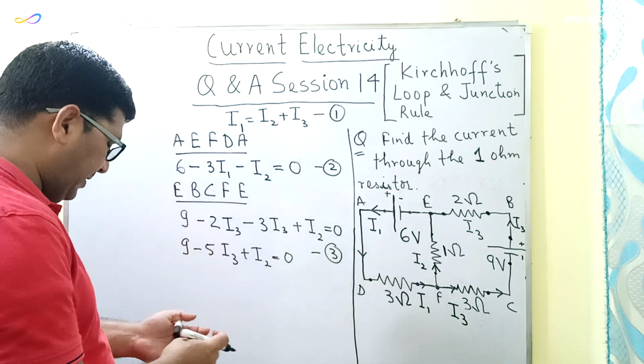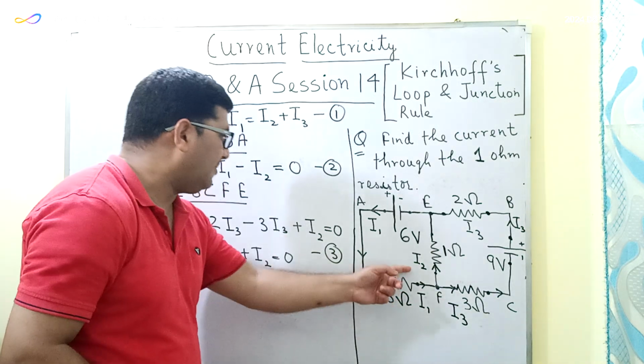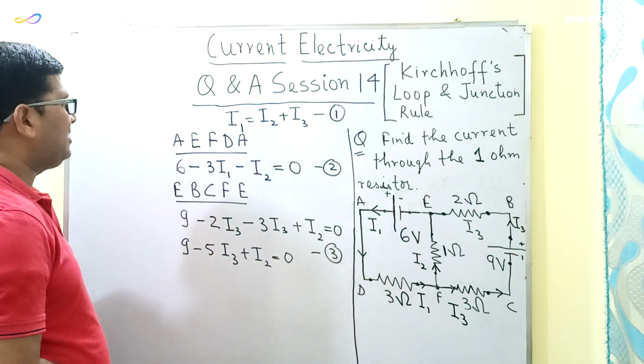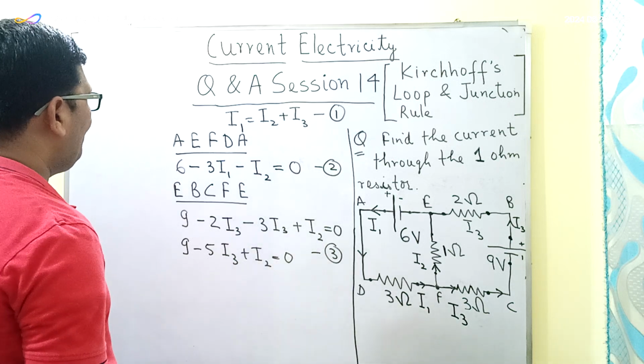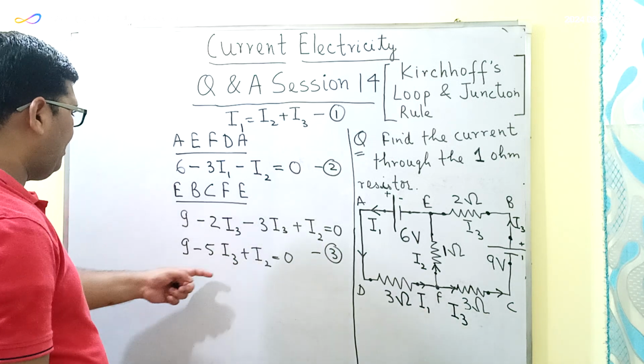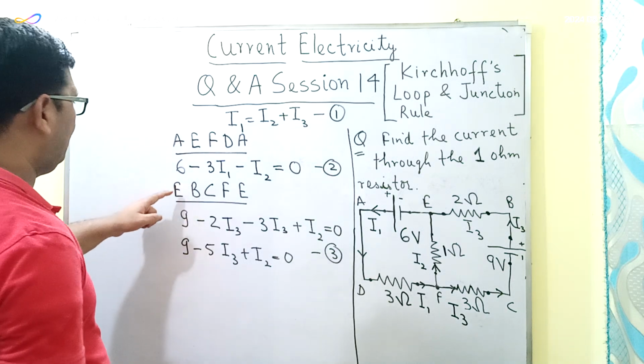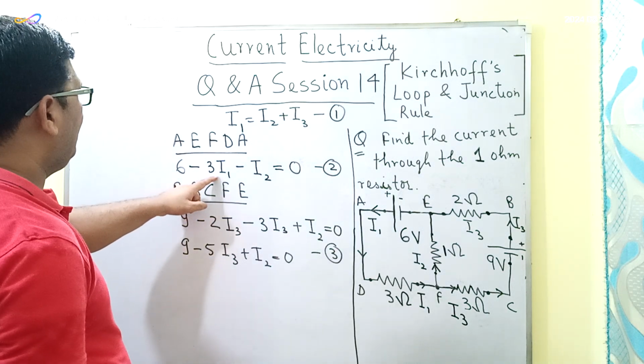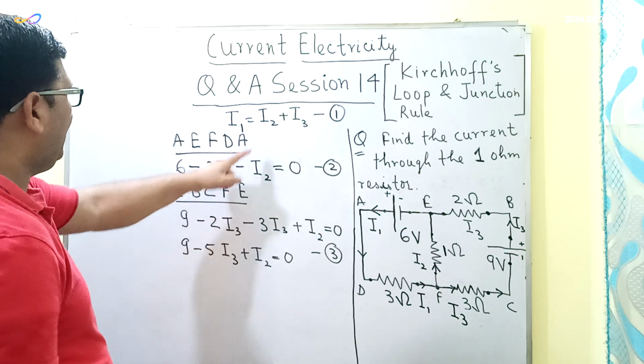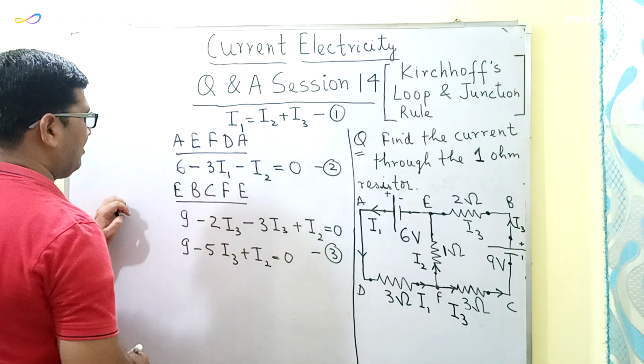Now we are supposed to find the value of I2 here. So what I will be doing is simply substituting the value of I1 as I2 plus I3 in the equation number 2.